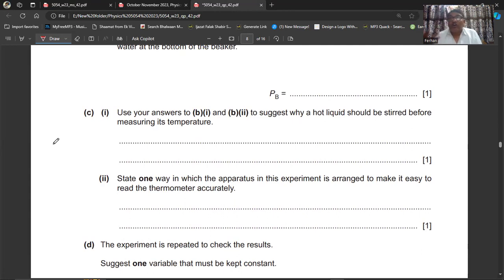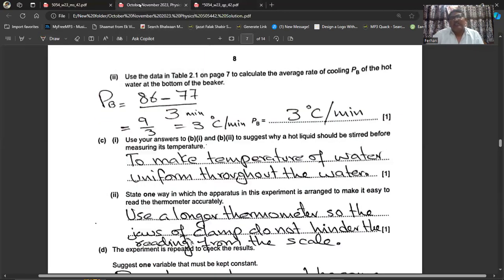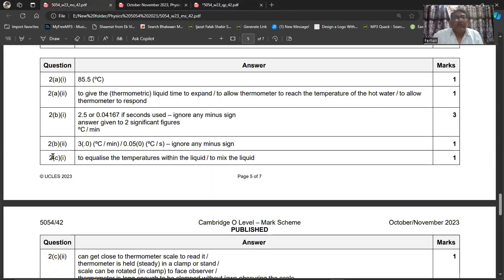Why do you stir it? Because you want to make sure that throughout the body of the liquid, the temperature is uniform. You make sure that the heat is distributed uniformly throughout the liquid, to make the temperature of the water uniform throughout the water body.